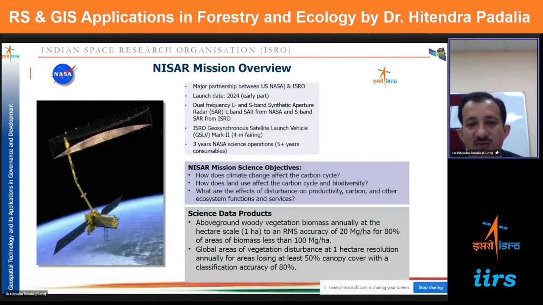So all these missions will have a lot of utility, and many more ecosystem missions are planned, not only microwave. The upcoming time is very vibrant as far as satellite remote sensing, new sensors and new products are concerned.